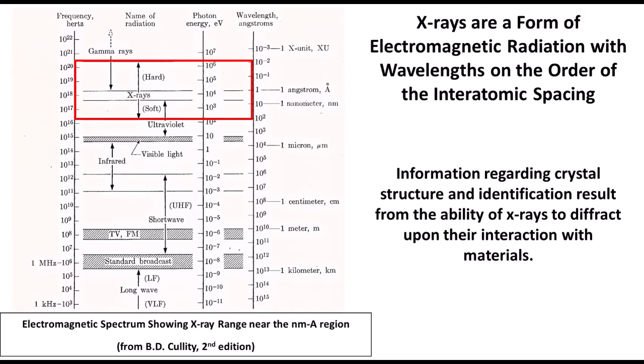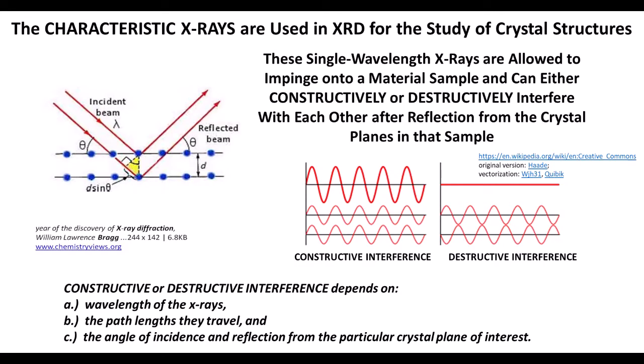Okay, now on to the topic of X-ray diffraction. X-rays are a form of electromagnetic radiation, with wavelengths on the order of the interatomic spacings of most crystals. Information regarding crystal structure and identification results from the ability of X-rays to diffract upon their interaction with materials. In describing X-ray diffraction, we often illustrate this as X-rays undergoing a reflection from atomic planes in the crystal.